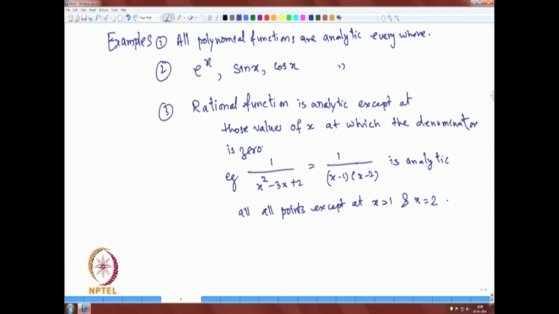Now, another definition is ordinary point for a differential equation.